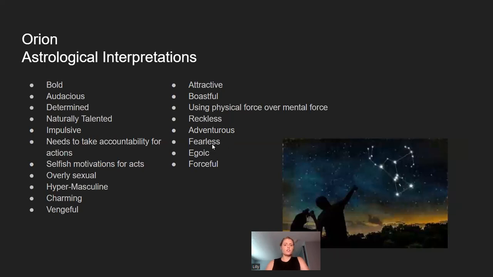Let's see, very adventurous, very fearless, very egoic, and also we have forceful here too. Anyway, Orion energy can be used for good, but Orion energy within itself doesn't really know how to be used for good. So it usually goes into the more chaotic version.